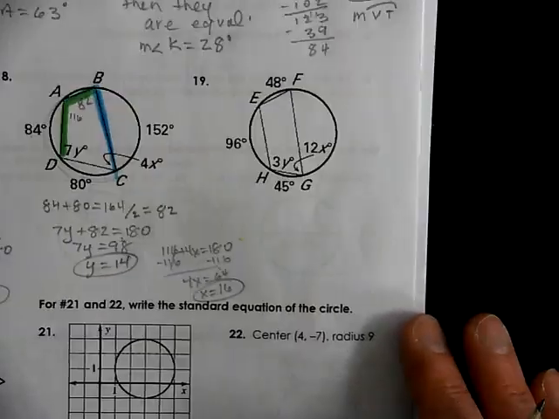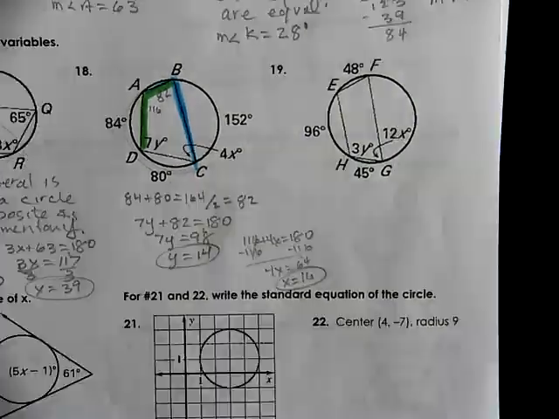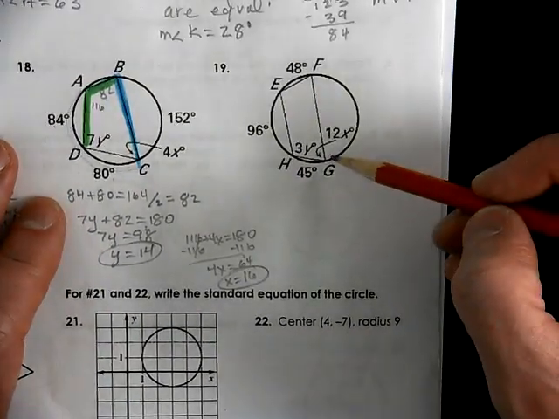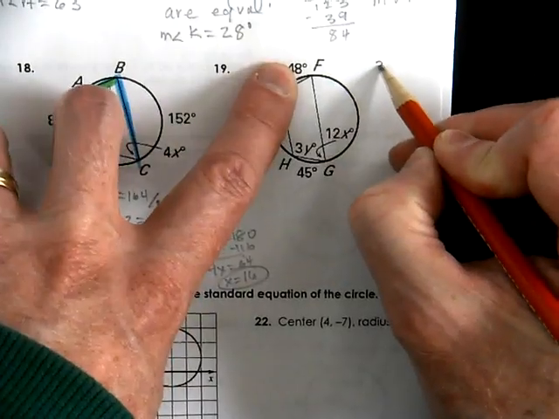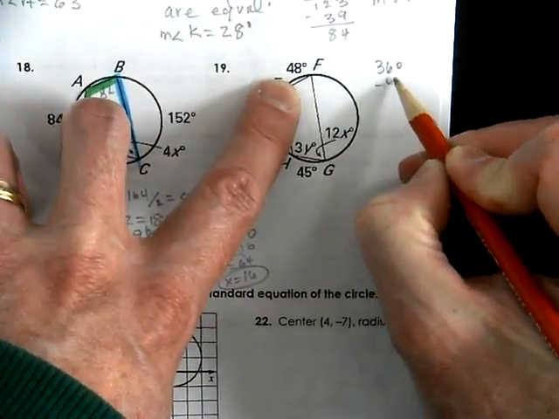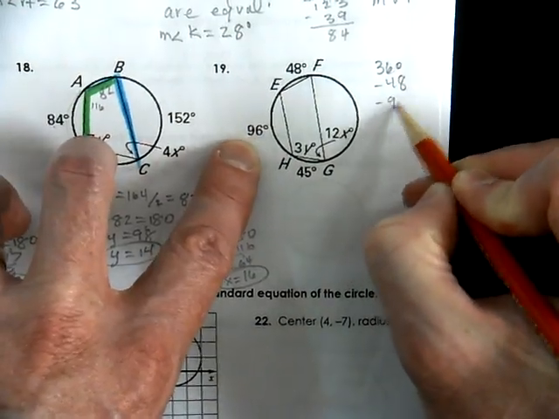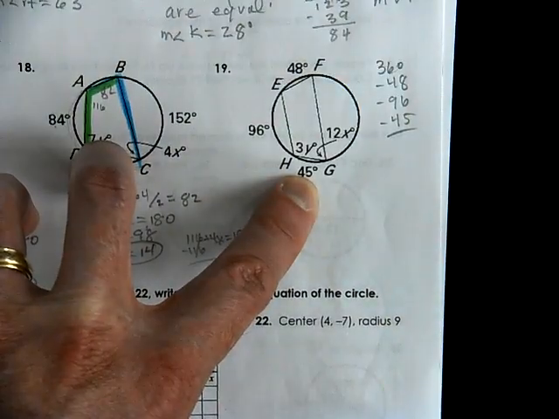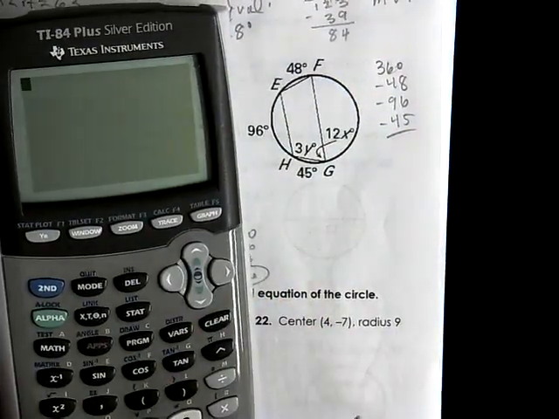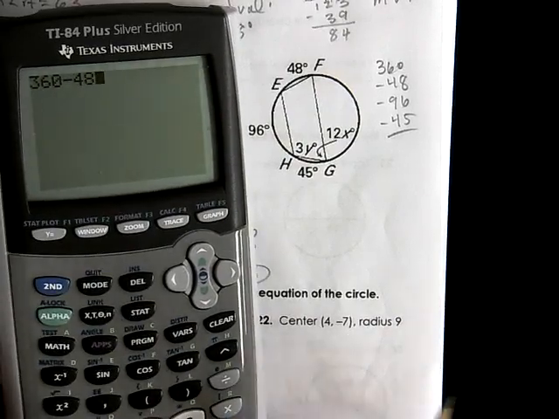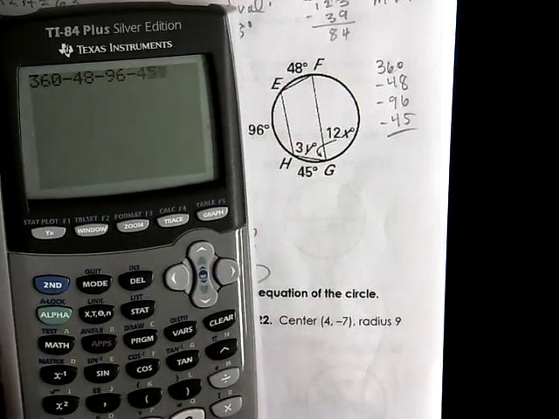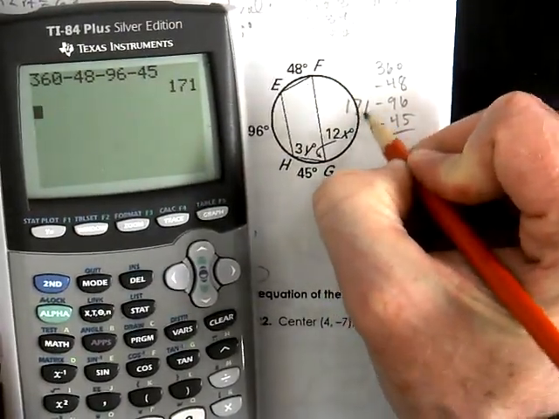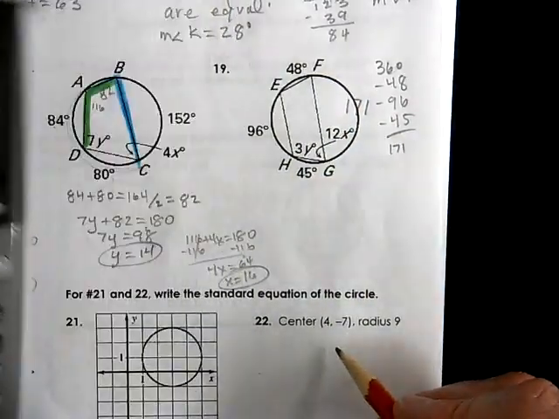So let's do it again. Okay, we'll continue. We'll try to get this page finished. Looks like we have 360 minus 48 minus 96 minus 45. We'll do that all together. 360 minus 48 minus 96 minus 45, which is 171.